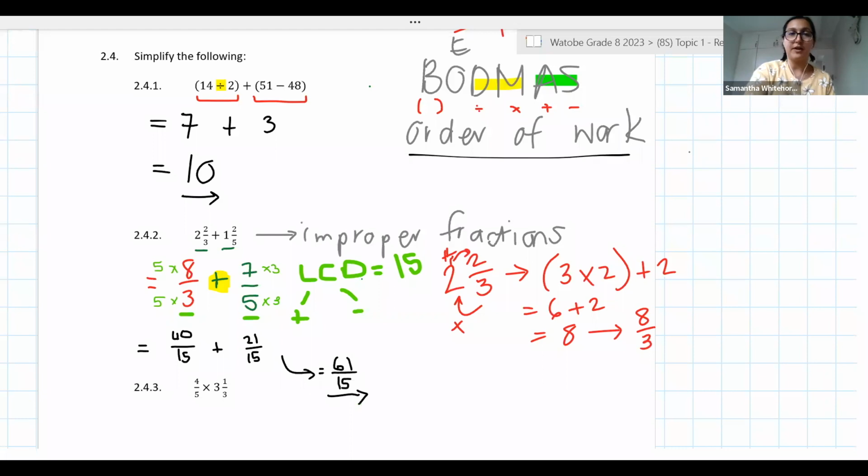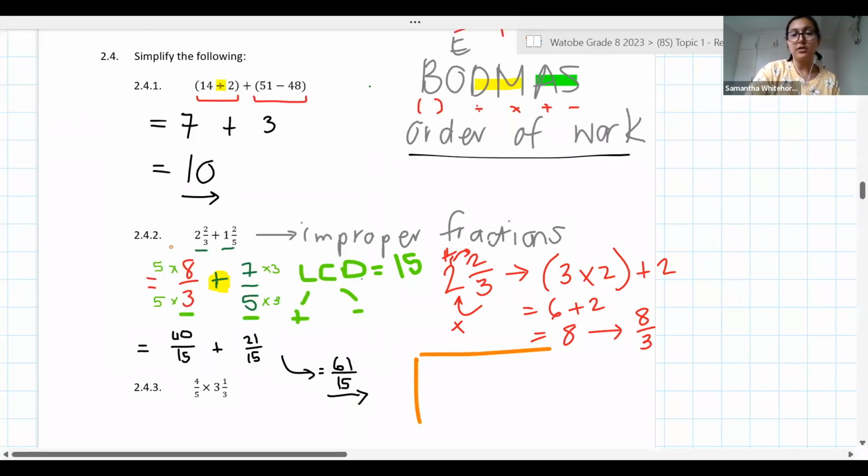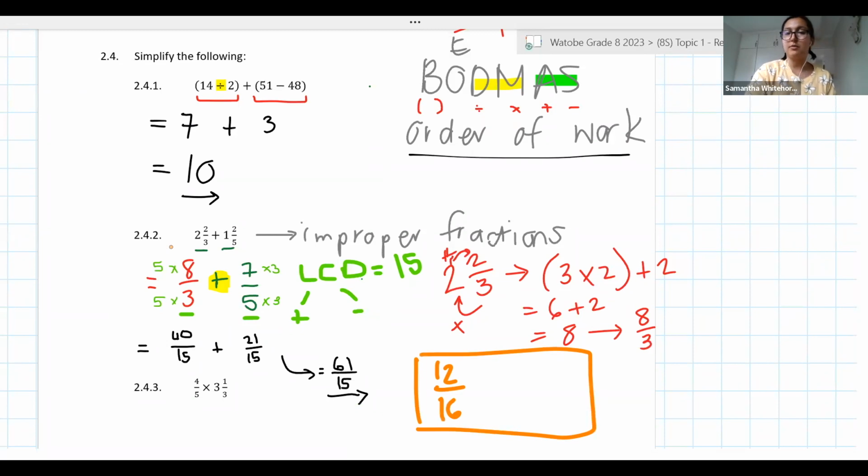And so it needs to stay as 61 over 15. That can't be simplified. To show you an example of one that could be simplified, have a look at this orange block over here. So if I've given you the fraction 12 over 16, for example, both of those can be divided by 4. So if I divide 12 by 4, I get 3.